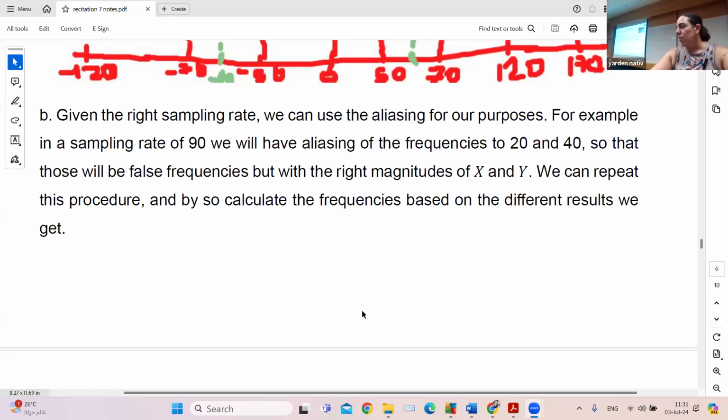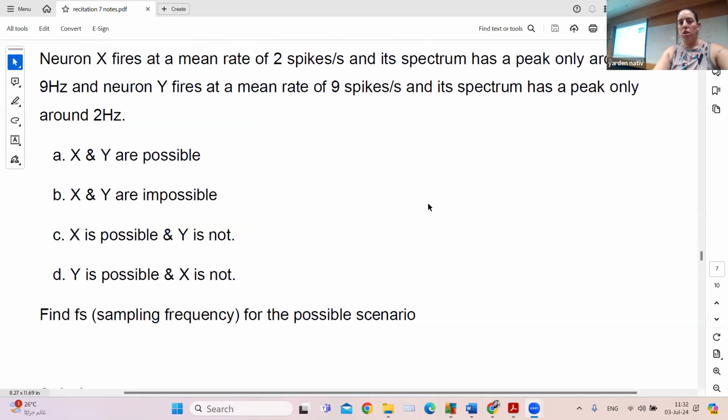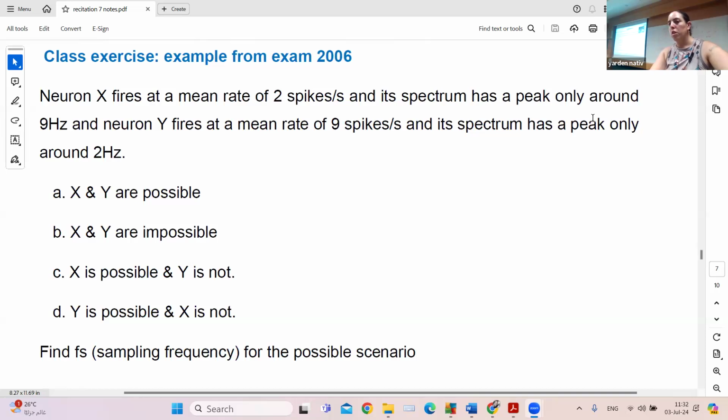And this makes me think maybe it's not a good idea to do the recitations at 10, just right after Izar. So I think we'll just take it back to the hour of 2, okay? I thought about changing it, but it is impossible for you. So we'll keep it at 2. And just last question.